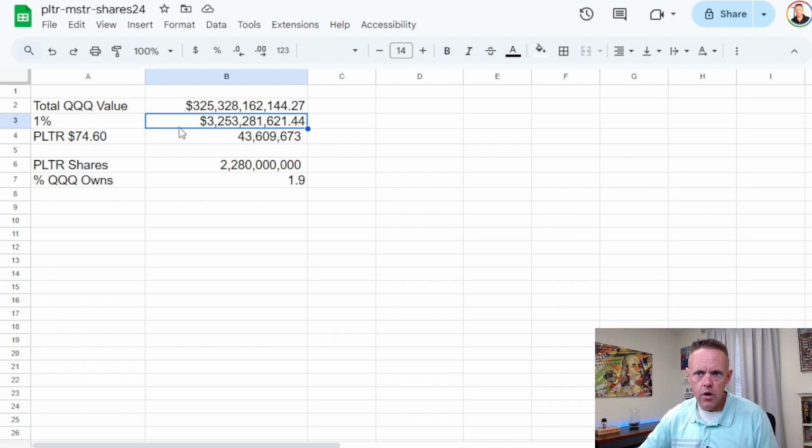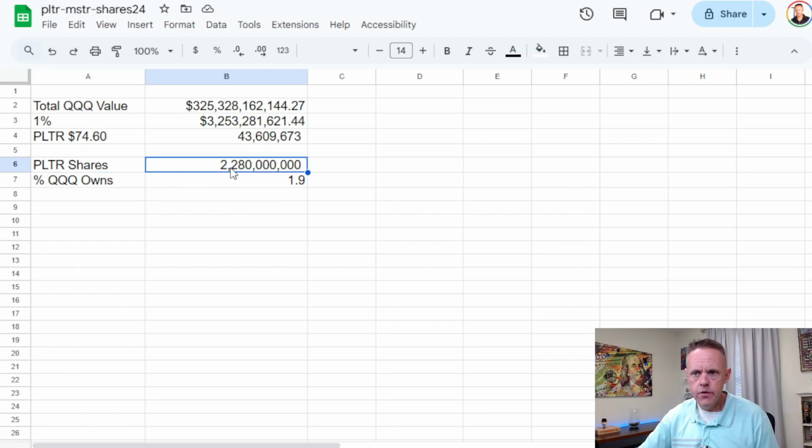So this number divided by this number equals 43 million shares of Palantir, which is what the QQQ would have to buy right at this second as I'm recording this video to make Palantir a 1% weighting in the QQQ.